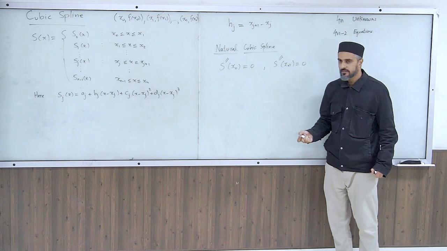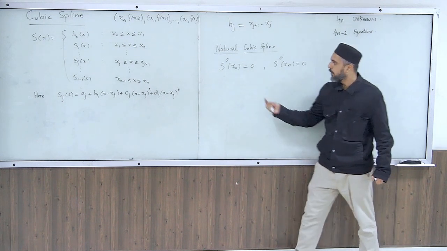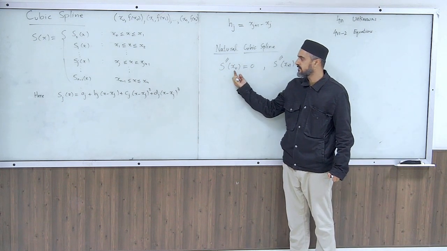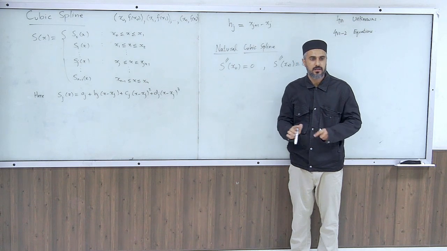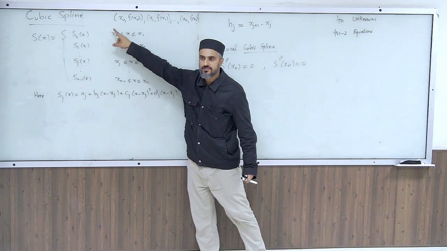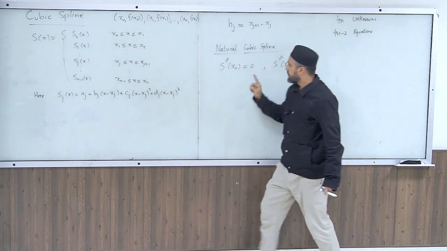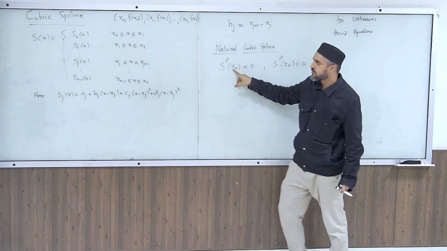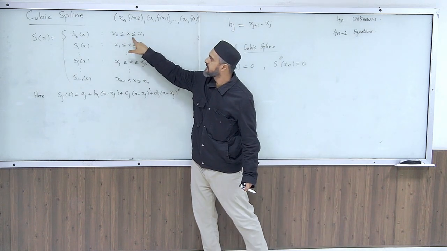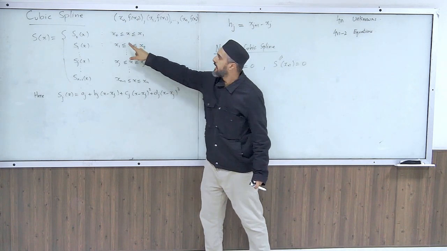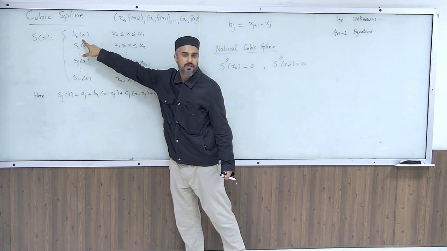Now if I ask you what is S second derivative at x0, S is nothing but a collection of Sj's. So x0 belongs to this interval, and corresponding to this you have S0.